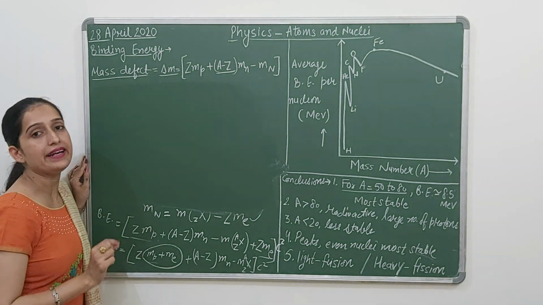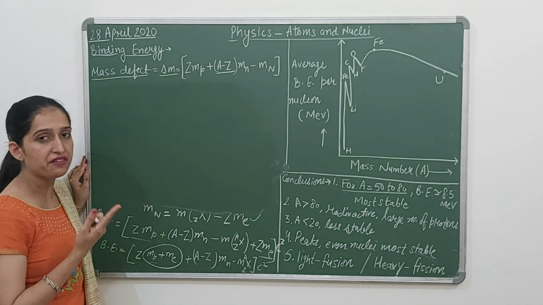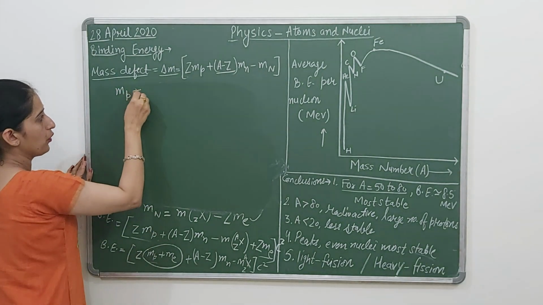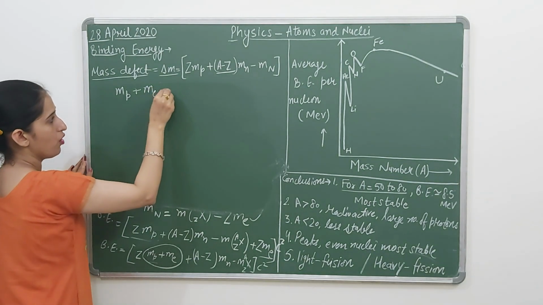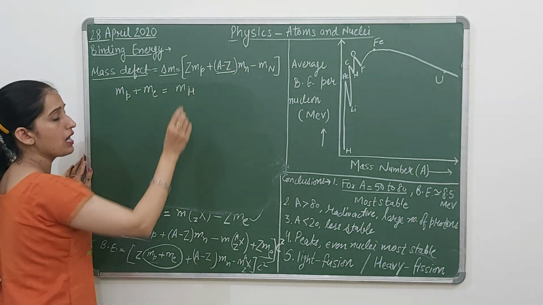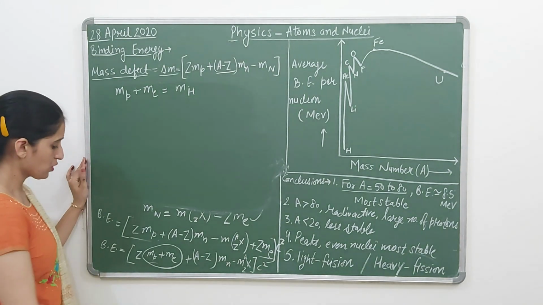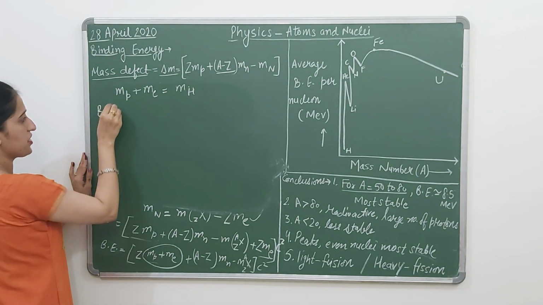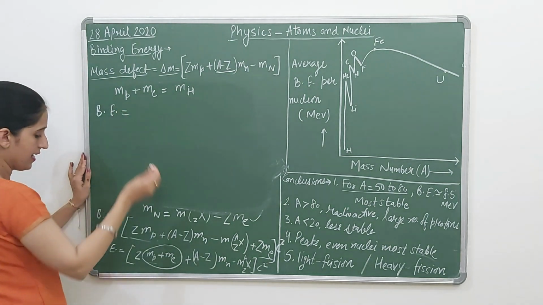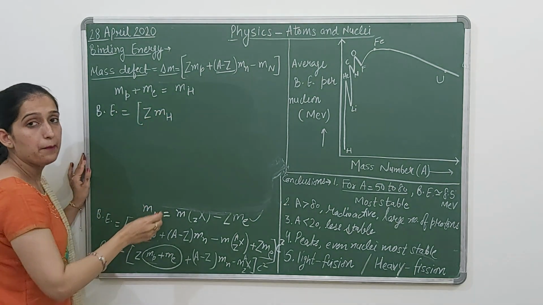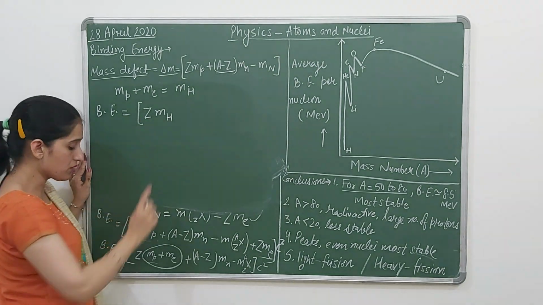In a hydrogen atom there is one proton and one electron. So I can say mass of proton plus mass of electron equals mass of hydrogen atom. So I get a new expression for binding energy, and it equals Z M_H, mass of hydrogen atom into Z.